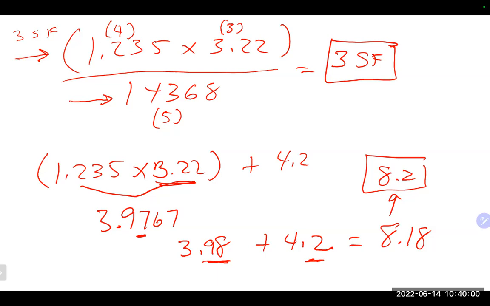Now, speaking of rounding, we do not ever want to do weird rounding. Normal rounding rules apply. So if the next number is 5 or above, we round up. If it's less than that, then obviously we just drop the rest of the numbers. But we never want to do anything crazy.